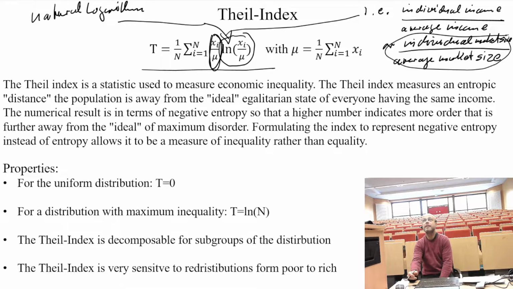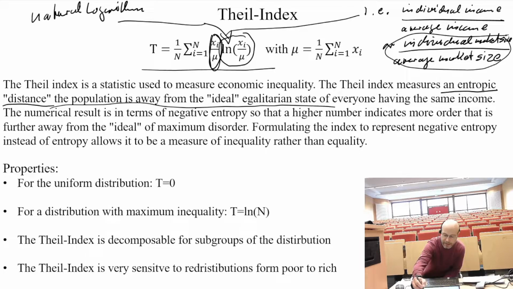that this connects our measure with a general understanding of disorder in our sample, because this can be interpreted as the entropy of our distance of the population away from the ideal egalitarian, and egalitarian would again be our uniform distribution.